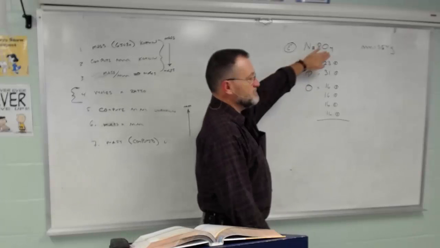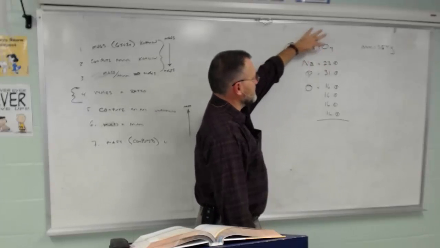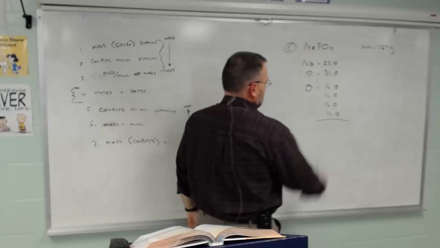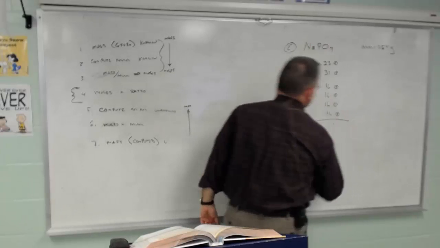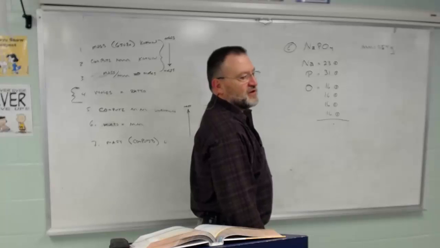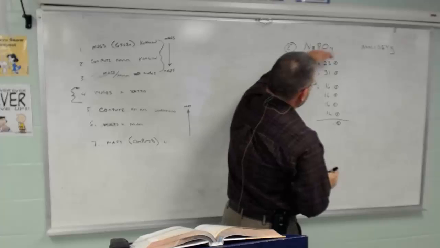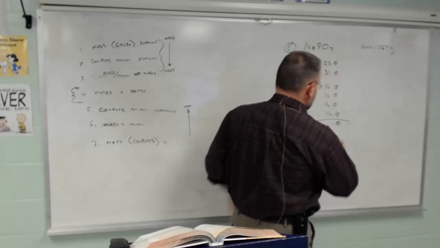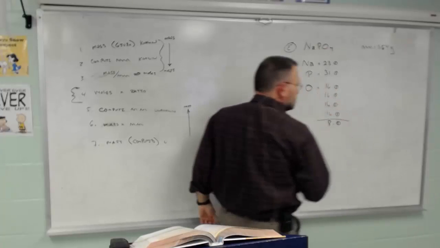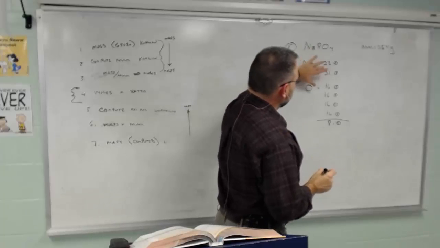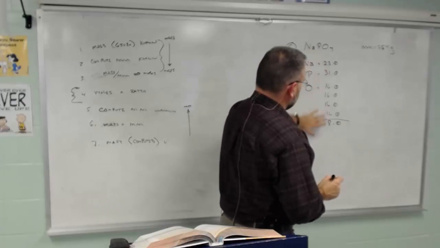Because there's 4 of them. So 1 sodium, 1 phosphorus, and 4 oxygens. So we add them up. Let's add up the zeros. When you add up all the zeros, you get 0. Okay, good. 3, 4, 10, and 18 is 28.